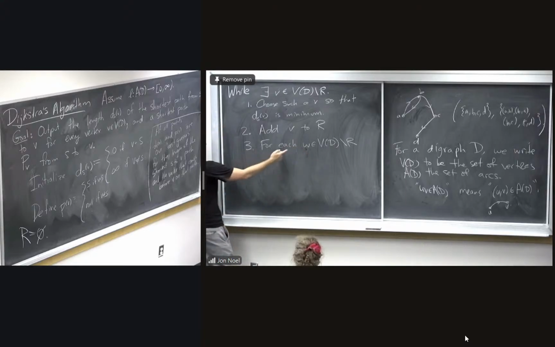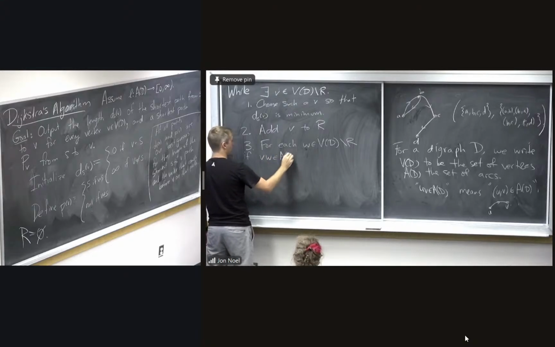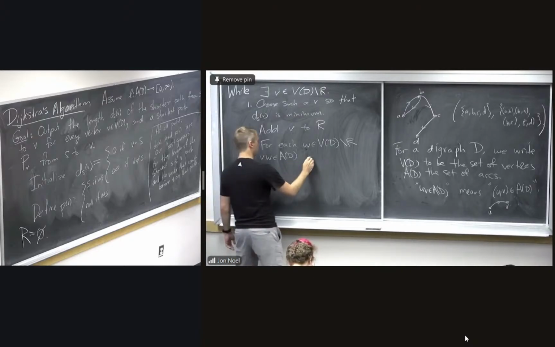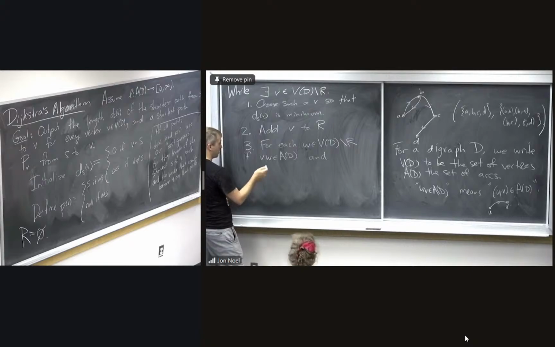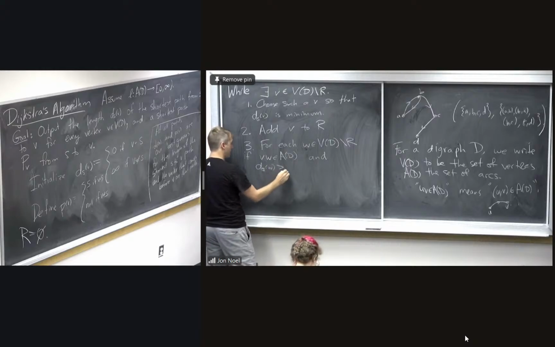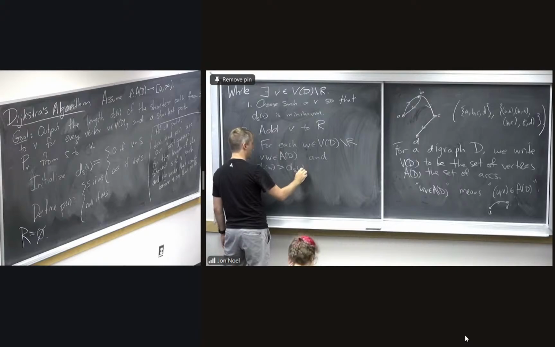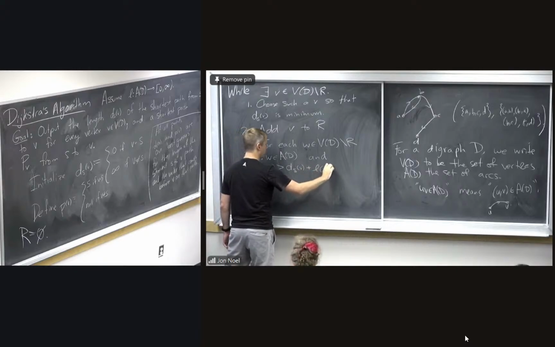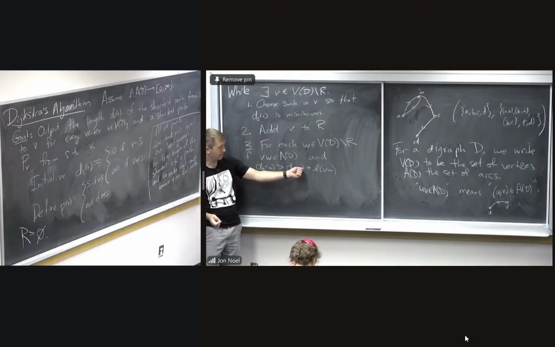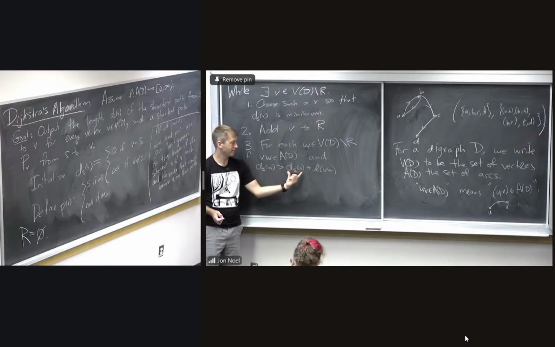So for each such vertex, if there's an arc from V to W, and if my current guess for the distance from S to W is bigger than the distance from S to V plus the length of VW, because I know I can get from S to V in this many steps, and then take one more step of that length, what I should do is update this.